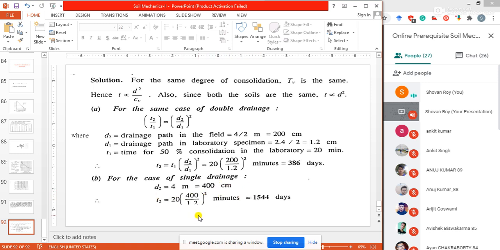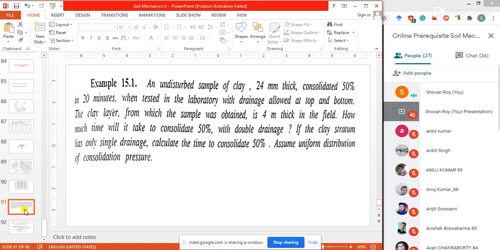So t2 equals 20, the time for 50% consolidation in the laboratory, into 400 by d1, whole square. D1 is 1.2 centimeter, because in our laboratory we used double drainage, so we take 1.2. And our t2 value is 1544 days. This is the solution of this problem.